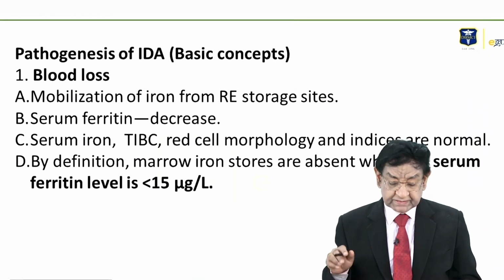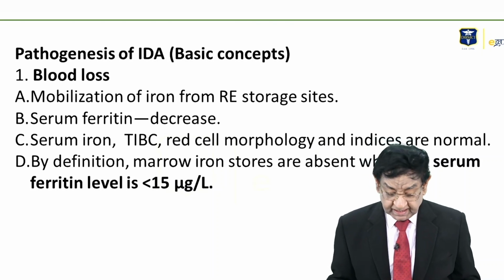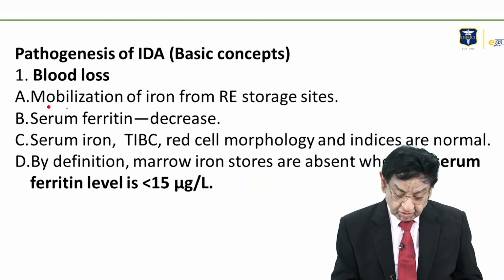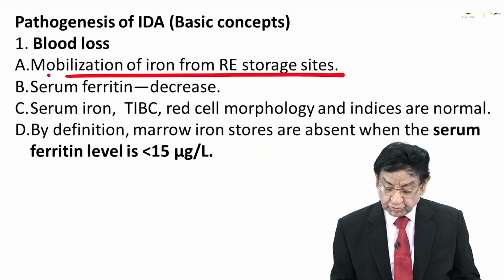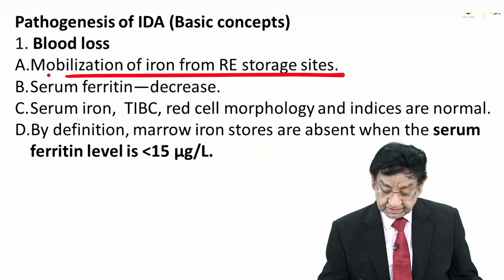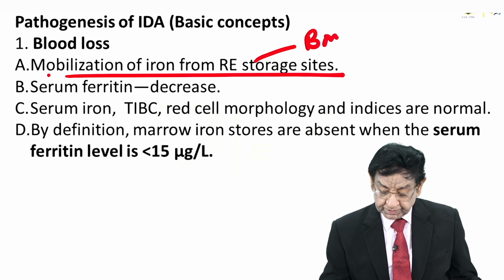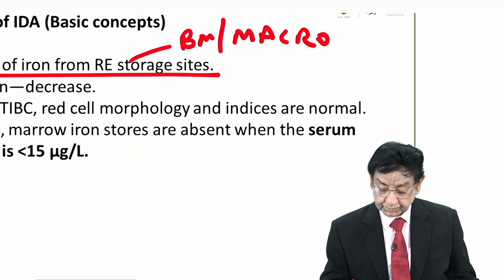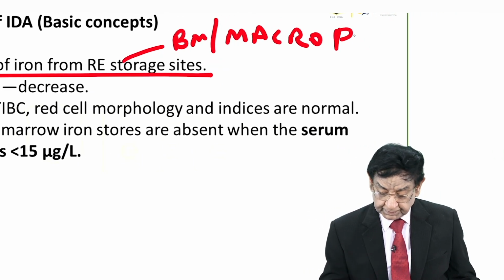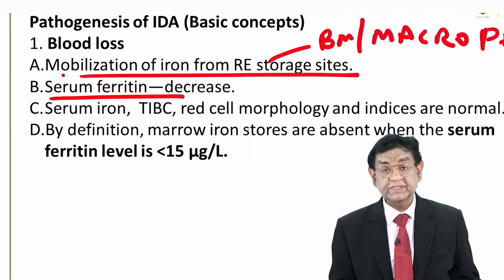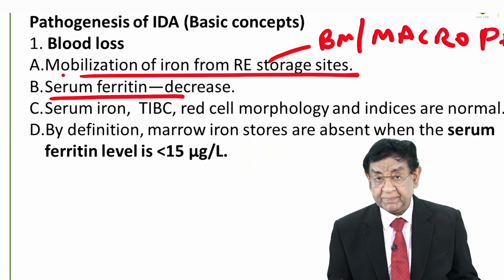So the pathogenesis of iron deficiency anemia, basic concept: mobilization of the iron from the storage site, maybe bone marrow, maybe macrophages. So serum ferritin gets reduced. This is the first thing to happen in iron deficiency anemia.